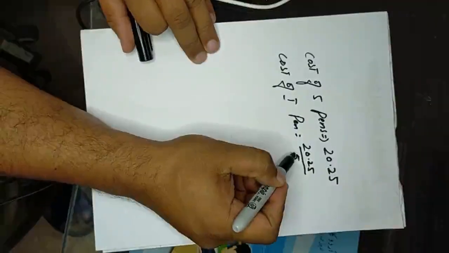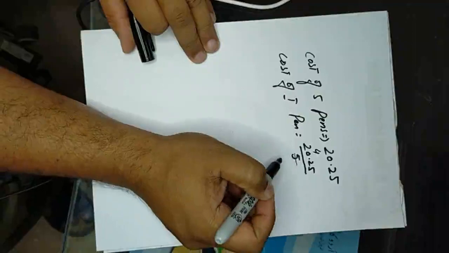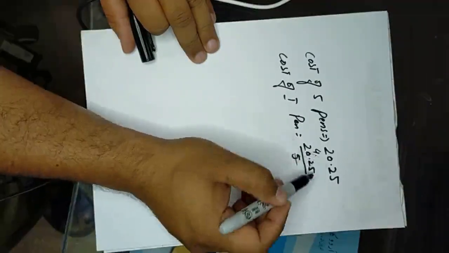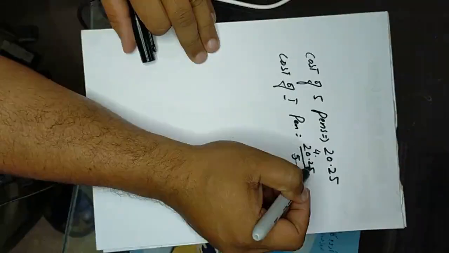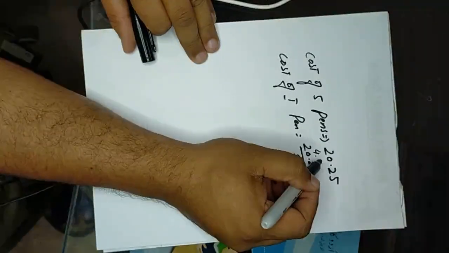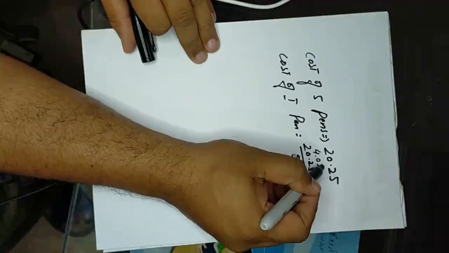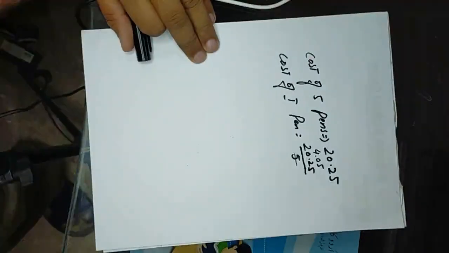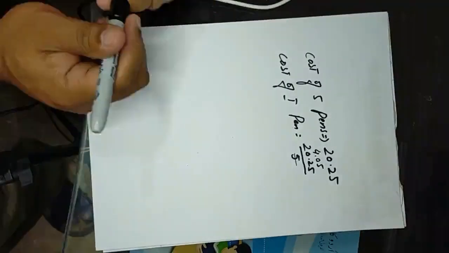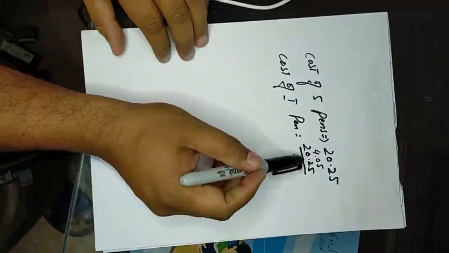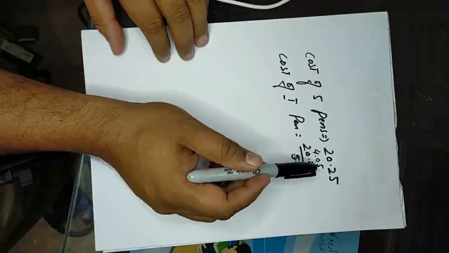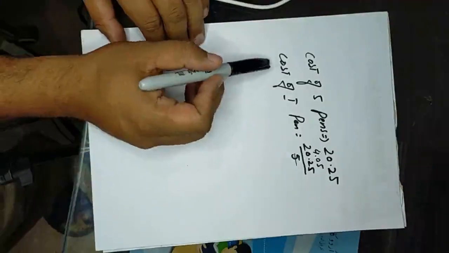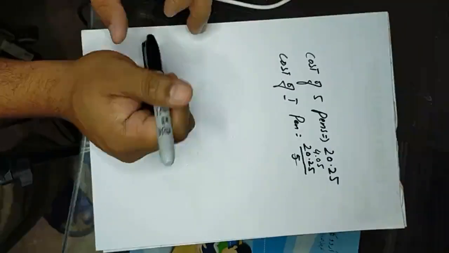We know this. 5 fours are 20, and then 25 है तो क्या होगा? 0.05, right? Clear, beta? So ये answer, or you can use a calculator for this. 20.25 divided by 5. The answer would be 4.05. That would be the cost of 1 pen, right?